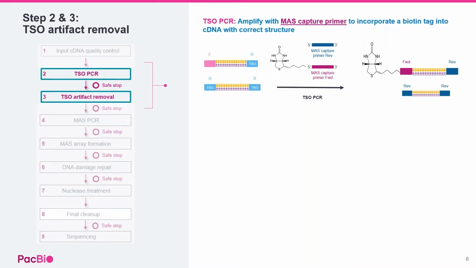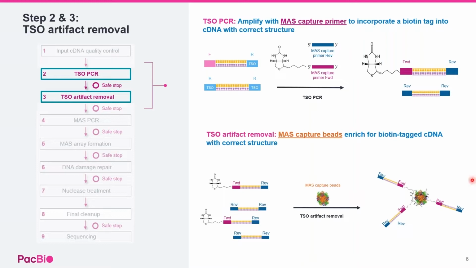Step 3 after TSO-PCR is TSO artifact removal, which uses streptavidin-coated MAS capture beads to enrich for biotin tagged cDNA products with correct structure, thereby removing the TSO priming artifacts.